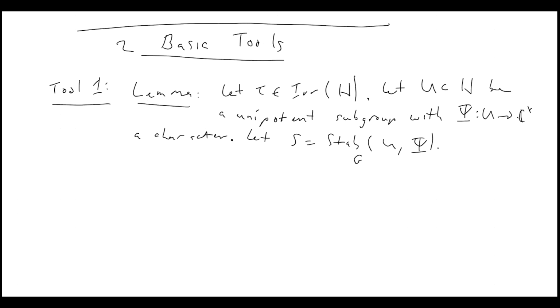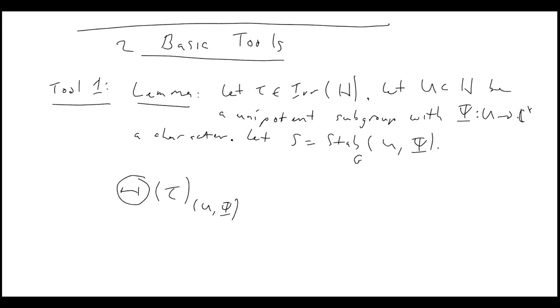Okay, so now this first tool, this is a formula for the coinvariants. Oh, no, okay, sorry, I wrote something incorrectly.